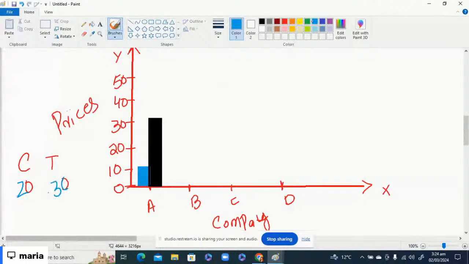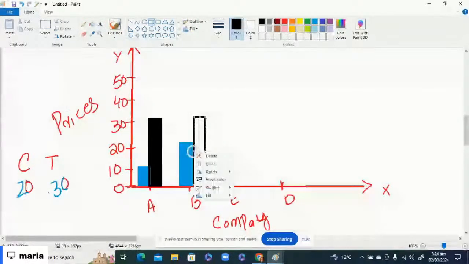The couch is blue again, so we draw it at 20. Now we draw the table at 30.